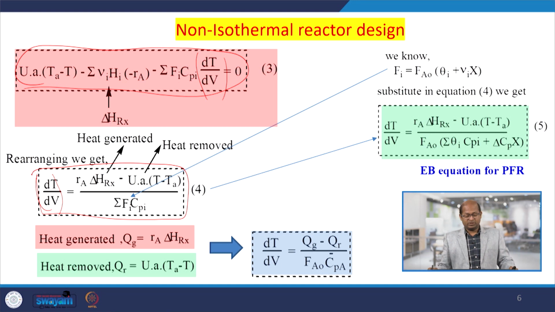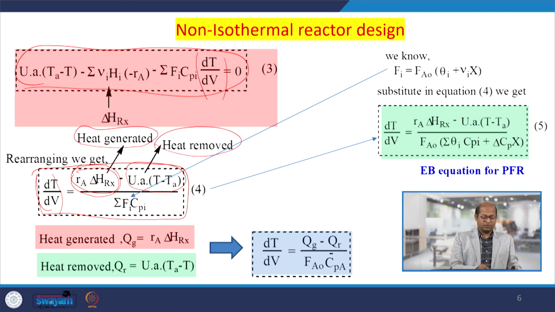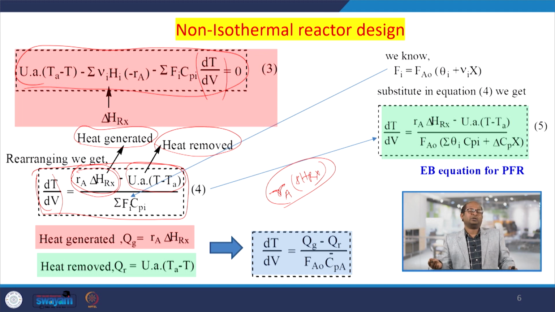So, in equation 4, this is component 1, this is component 2. This component 1 is called the heat generated term, and this part is called the heat removal term. R_A into delta H_Rx, when a reaction is there, means heat of reaction, heat formation or heat absorbed depending upon the reaction.